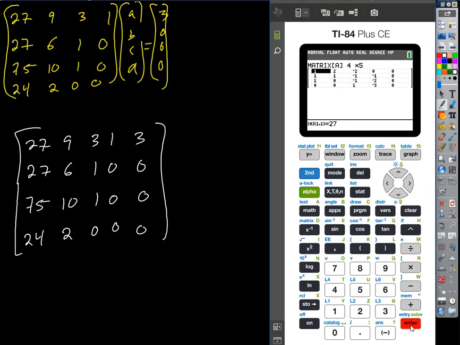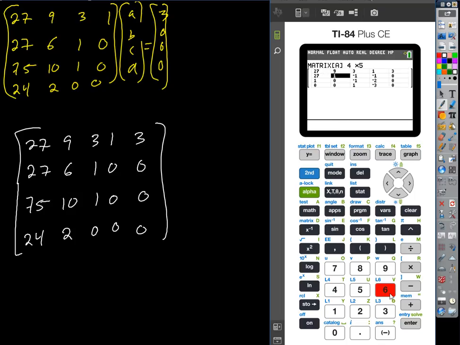Here's a little hint. When you enter matrices on a calculator, you want to do it like you're reading a book. You enter the first row, and each entry in the matrix is separated by an enter on the calculator. So 27, enter, 9, enter, 3, enter, 1, enter, 3, enter, and then it jumps me down. See what I'm saying?